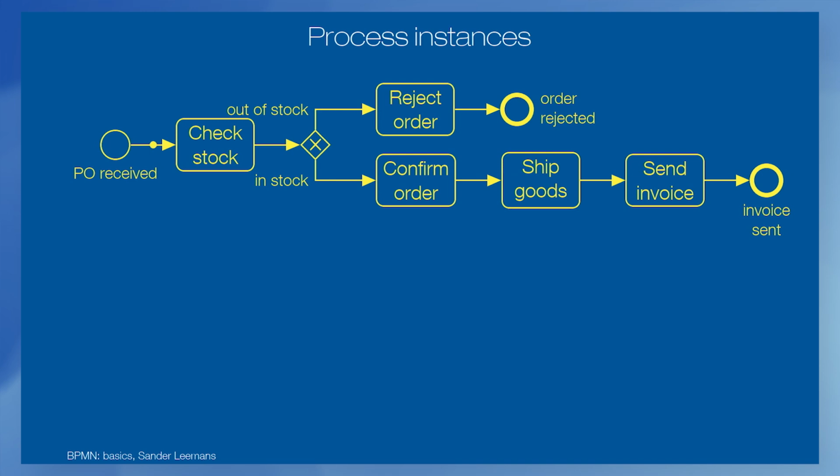First of all, the start event produces a token, but it's put on the outgoing sequence flow of that start event. And now this token is ready for check stock to consume. So what does that mean? Check stock gets a token on its incoming sequence flow and then starts executing.